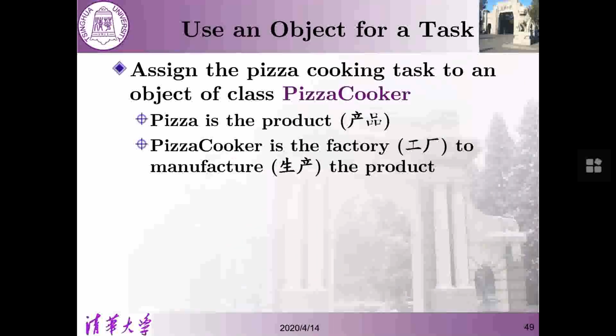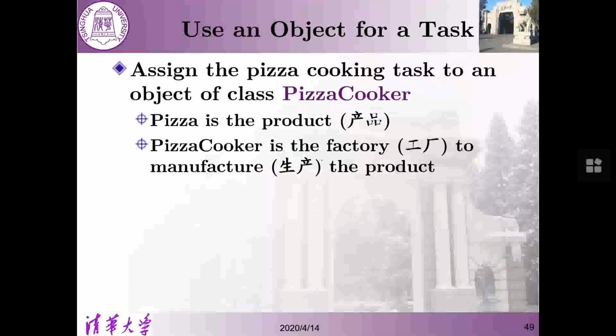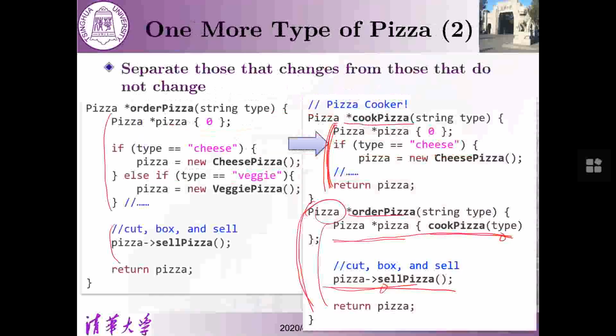So from this design, we can see that we assign the pizza cooking task to the pizza cooker. Originally we have this cook pizza function, right? Now we can use a class to do this, a pizza cooker class. This pizza cooker generates pizzas, right? So the pizza cooker now is a factory to manufacture products.